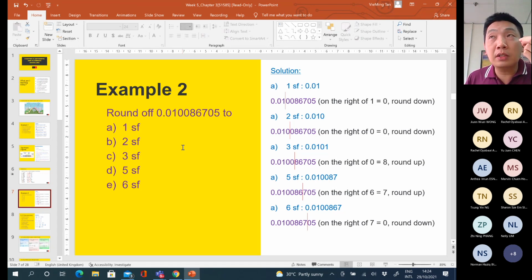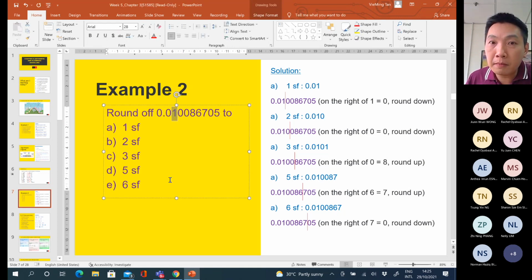That means which number is showing a meaningful value. The first meaningful value is this 1, because these 2 0s are considered leading 0s: on the left hand side of these 2 0s, there is no other non-zero figure. So these 2 zeros should not be included as significant figures. So the first significant figure is this 1.